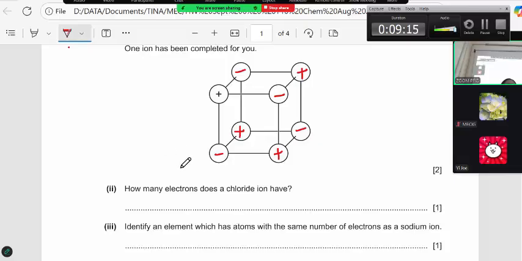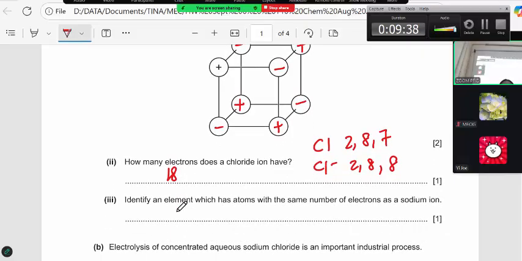How many electrons does the chloride ion have? 18. Do you know why? Because chlorine is 2,8,7. When it becomes chloride, it is 2,8,8. So it's 18. Identify an element which is an atom with the same number of electrons as a sodium ion.